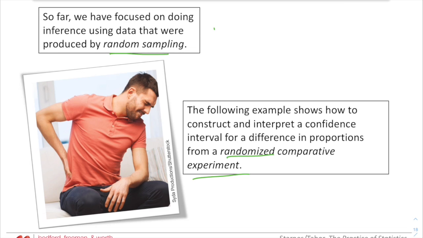So our 10% condition is necessary for sampling. It is not necessary for experiments. And also when we have the random condition, we're talking about random sampling, whereas this is going to be random assignment. We're going to be assigning people to two treatments, and it is the fact that they are assigned randomly that checks off the random condition.